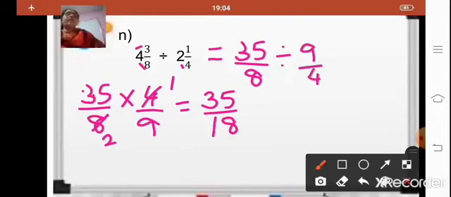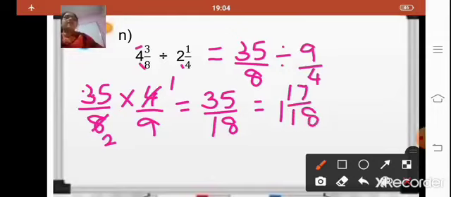Now 35 upon 18 is an improper fraction. So you will divide 35 by 18 and write the answer as a mixed fraction. When you divide it, your quotient will be 1. Remainder is 17 upon 18. So your final answer is 1 whole 17 upon 18. Okay.